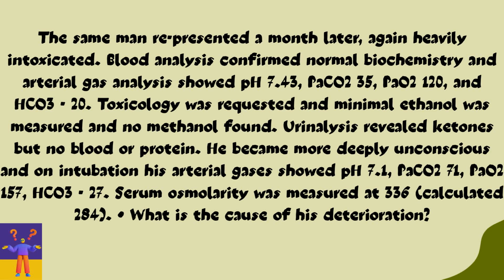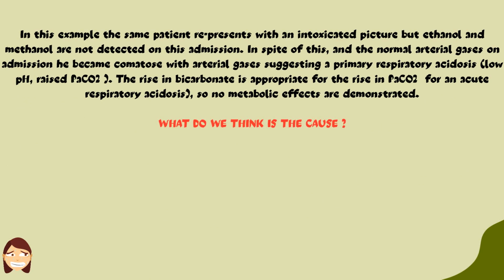So what do we think is going on? As discussed in the previous slide, his initial blood gases were in the normal range and subsequently there was a severe respiratory acidosis and metabolic compensation happening. Now we have to work out what could be causing this situation.